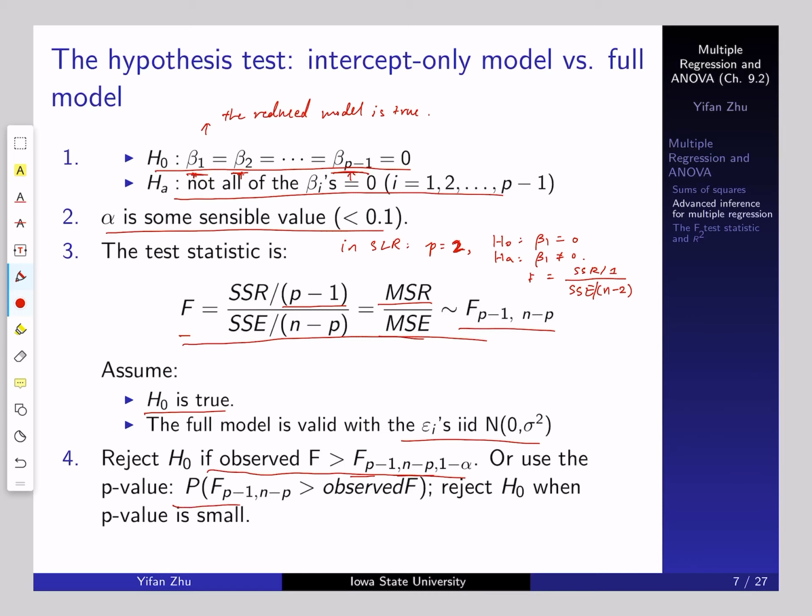The p-value is the probability of the F statistic being greater than the observed F statistic, and we reject H naught when the p-value is small. So the rejection region is the right tail of this distribution.